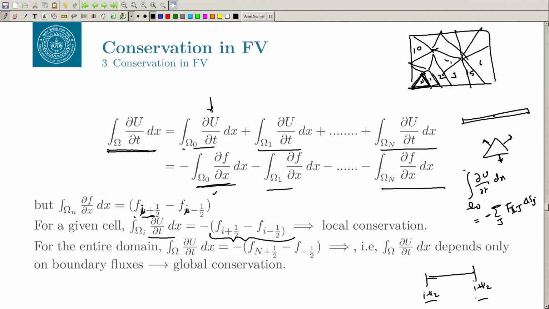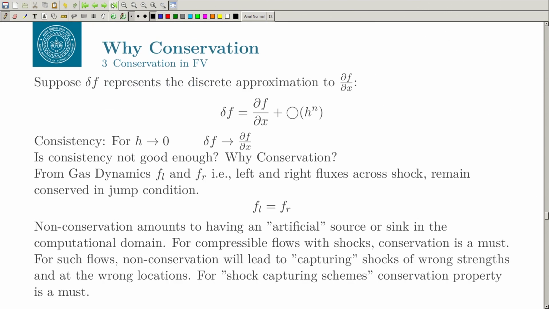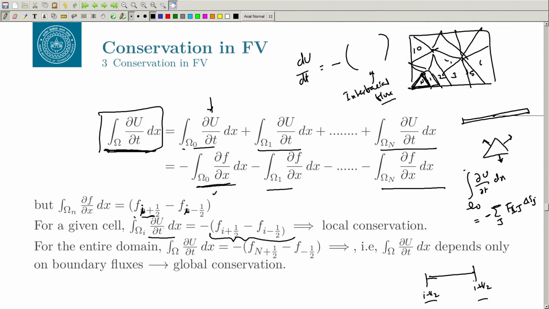So, we want to ensure that my du by dt should only depend on the interfacial flux on the boundaries. That is what is happening here, so you are getting local conservation, because it depends only on I plus half and I minus half. If you integrate it for the entire domain, let me write it in 1D because this is easy to explain.